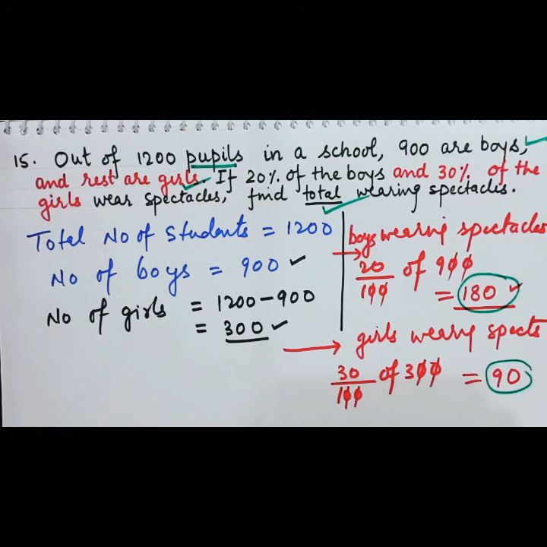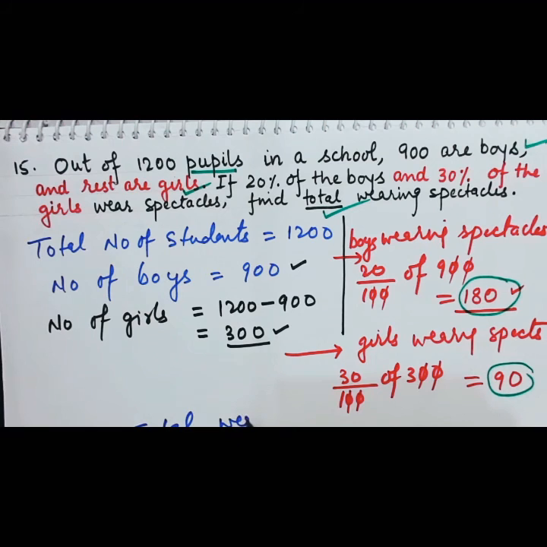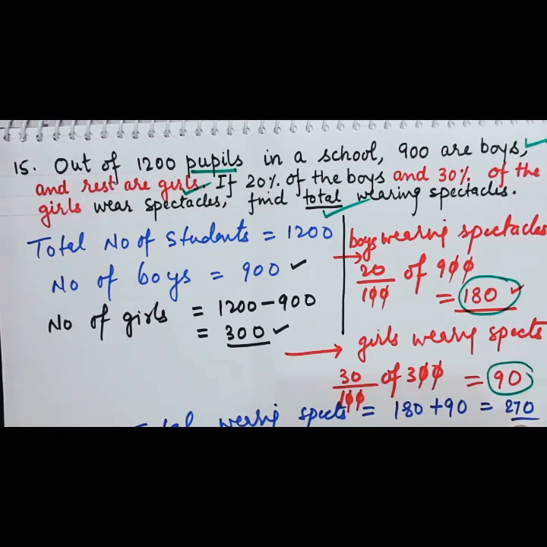So total wearing specs will be equal to how much? Will be equal to 180 plus 90, which is equal to how much? Can you please guess? It is equal to 270. Simple. 270 of them wear spectacles.